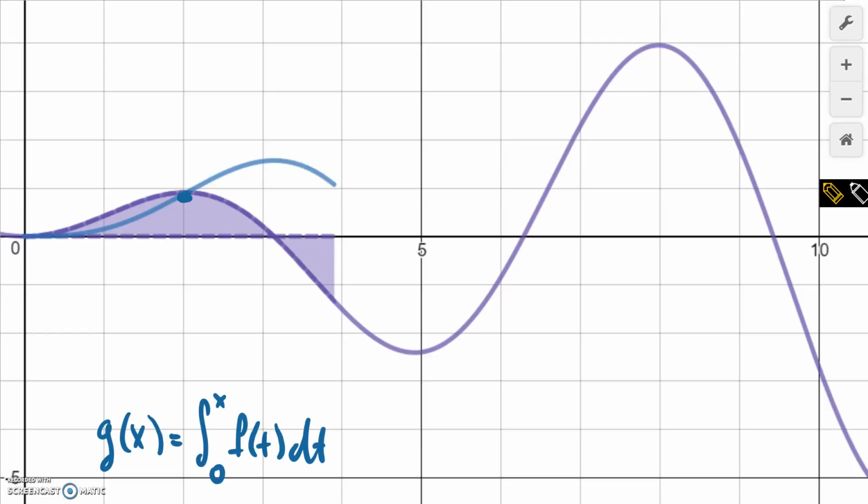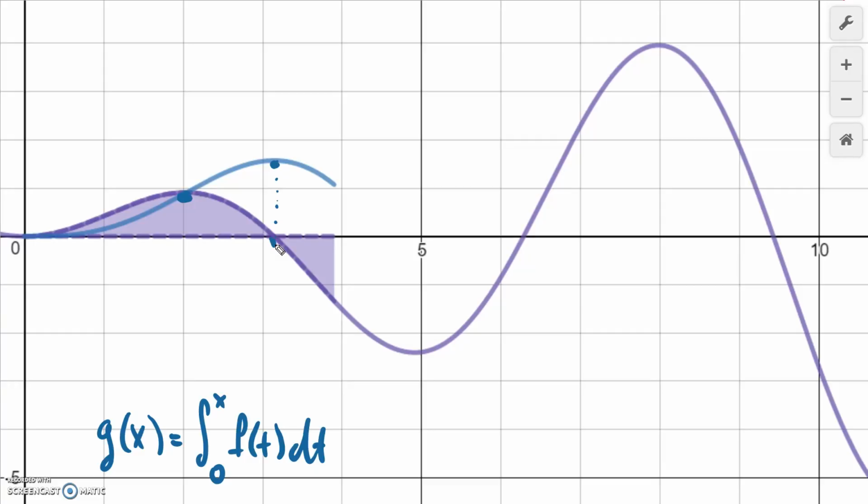So what we can see is the maximum here on the g function is corresponding to this root on the f function. The slope of g is negative when the area under f is below the x-axis, right?